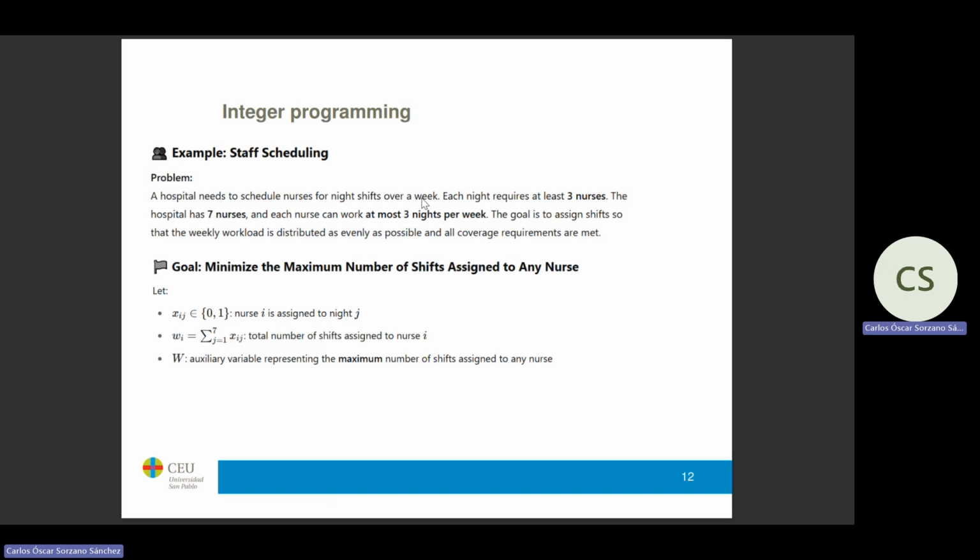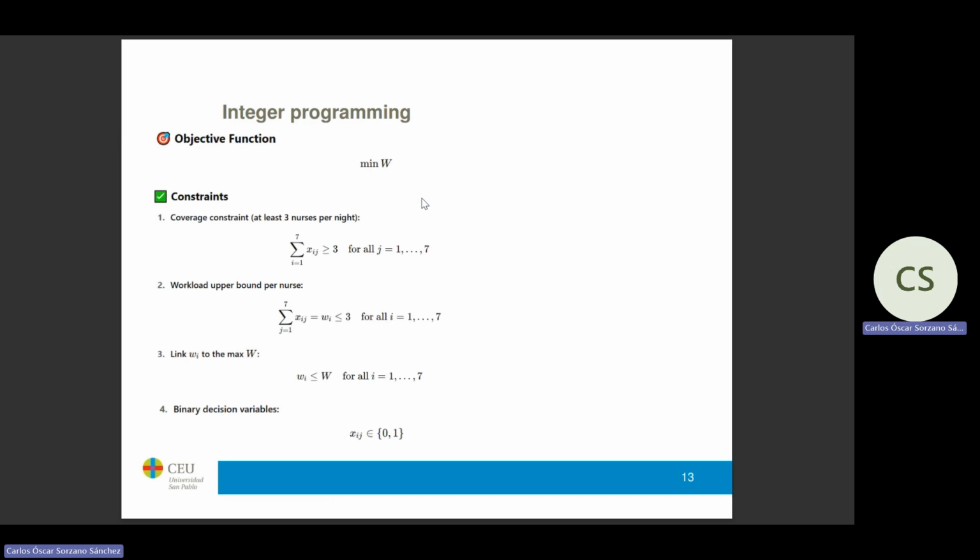And W will be an auxiliary variable representing the maximum number of shifts assigned to any of the nurses. So now we have our problem. We want to minimize the maximum load of any one of the nurses, subject to all the constraints that we have.